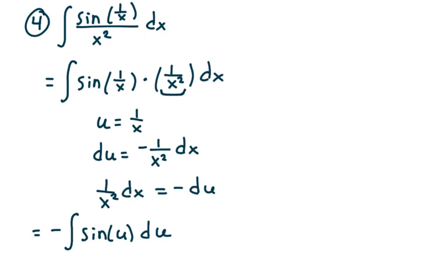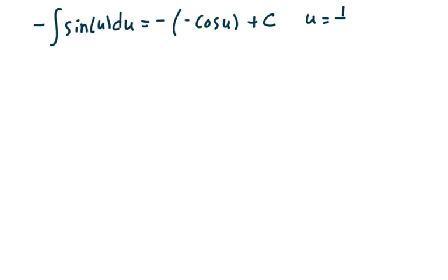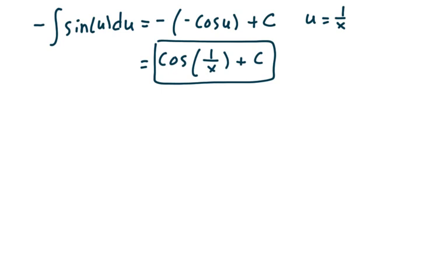So negative the integral of sine of u du is equal to negative of negative cosine u plus c. But u is equal to 1 over x. And so this is equal to cosine of 1 over x plus c. And that's how you do problem number 4.